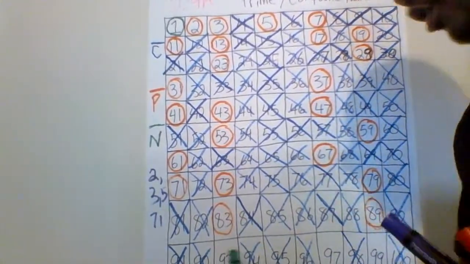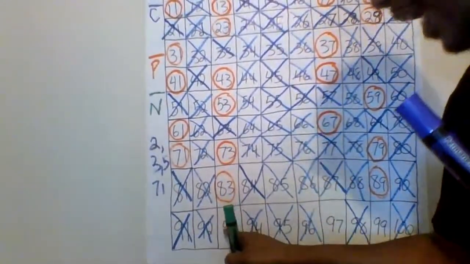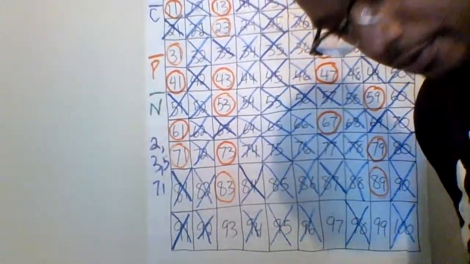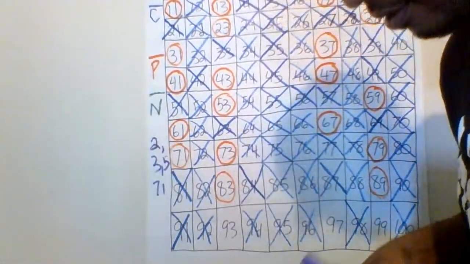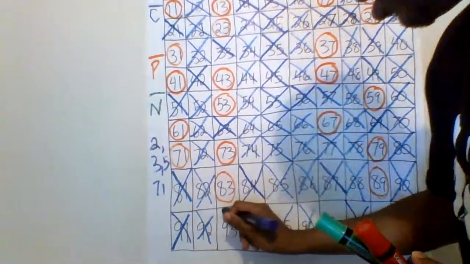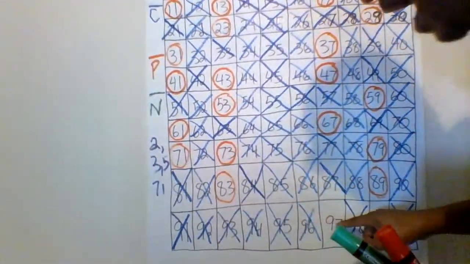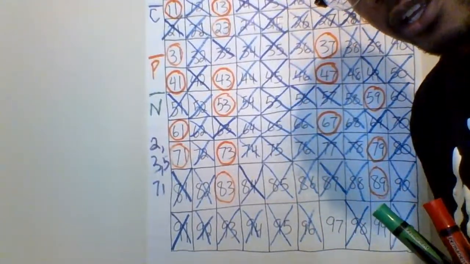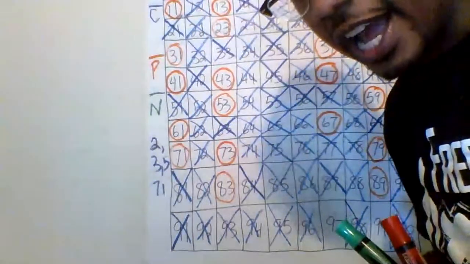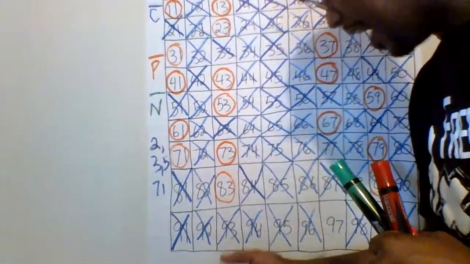All right, couple more and we'll be done. Last row. 93. 9 plus 3 is 12. 3, 6, 9, 12. The rule of 3 works, so it's composite. 97. 9 plus 7 is 16. 3, 6, 9, 12, 15, 18.